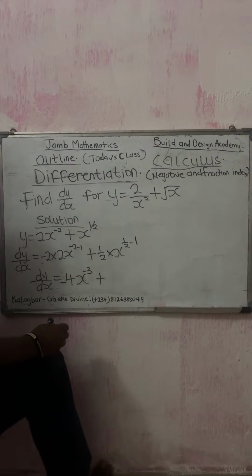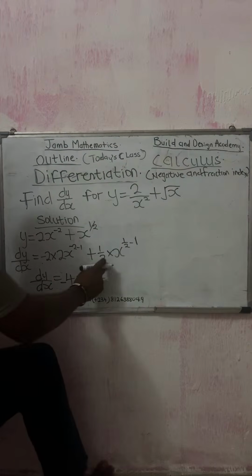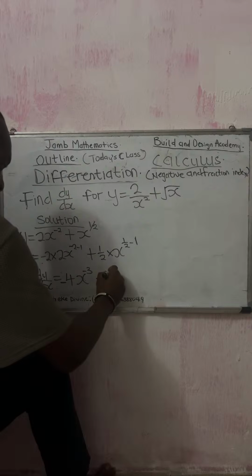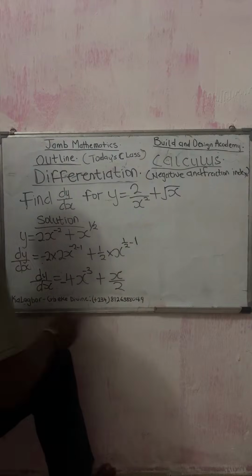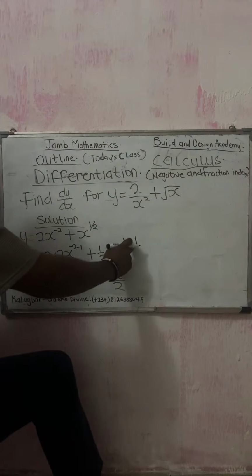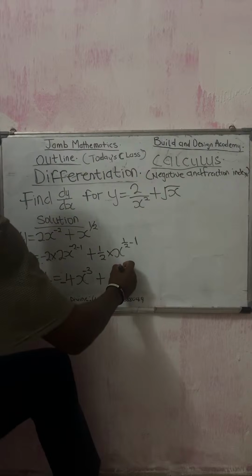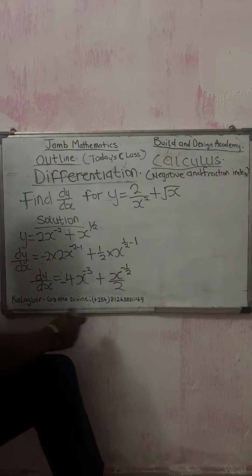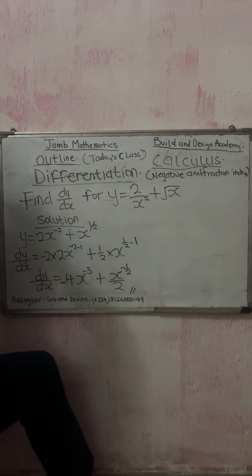Plus, now, half times x will be the same thing as what? x over 2. Then 1 over 2 minus 1 will give us what? Minus 1 over 2. So this will be our answer. This will be our what? Final answer.